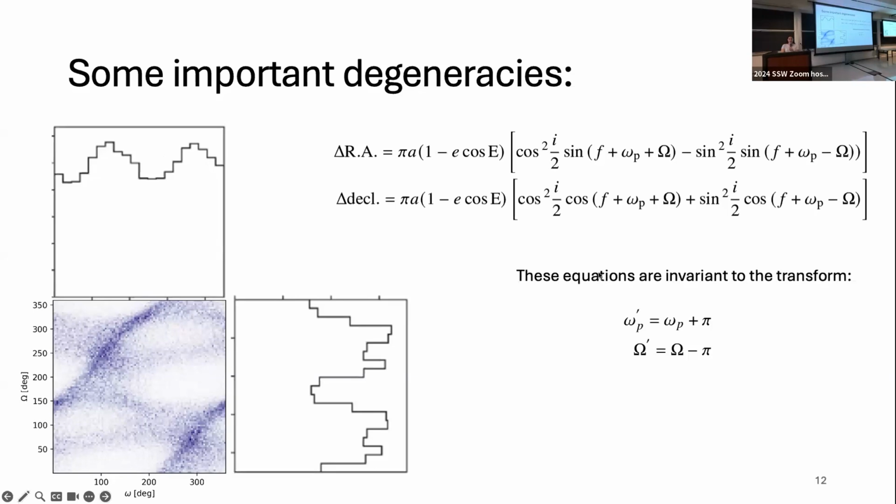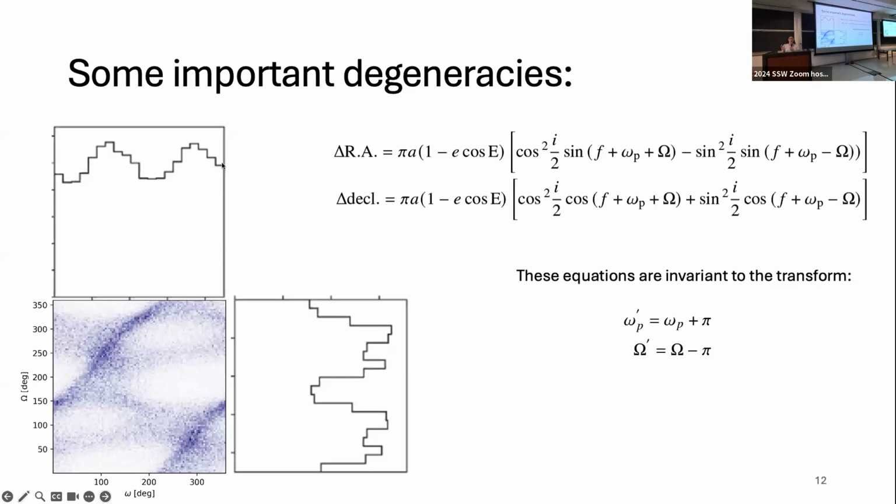These two equations are invariant to this transform, redefining argument of periastron as itself plus pi and position angle of nodes as itself minus pi. So that gives you this sort of characteristic symmetry in the two-dimensional space between these two angles. And you get this characteristic double peak in both of these when you're just fitting astrometry.